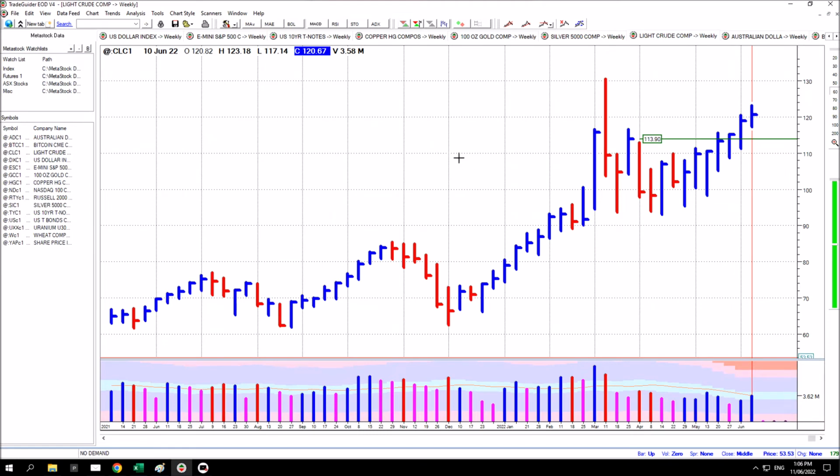Light crude is the next chart. Light crude was trending higher. It spiked on the Russia-Ukraine issue. It went through a period of consolidation, and now it appears to be forming some form of bullish absorption. Now, spread did narrow this week on an increase in volume, so some supply was likely drawn out this week.